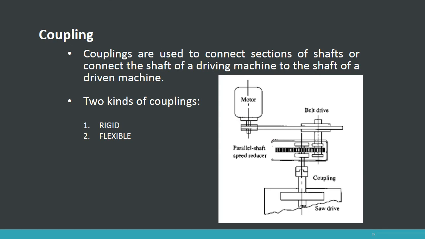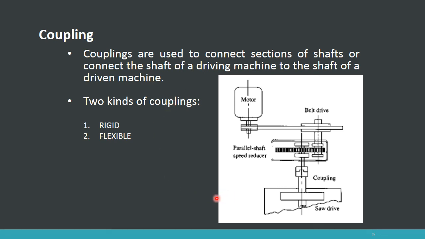I'm gonna talk about the couplings. Couplings are used to connect sections of shafts or connect the shaft of a driving machine to the shaft of a driven machine. For example, in this mechanical system, we have the driving machine, which is the motor, and the driven machine, which is a saw drive, the output of this mechanical system.